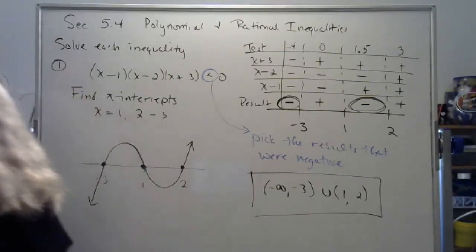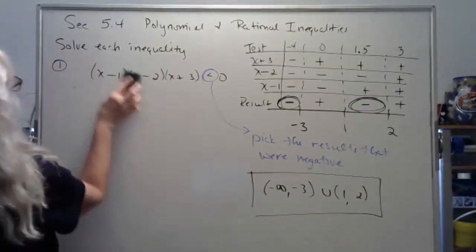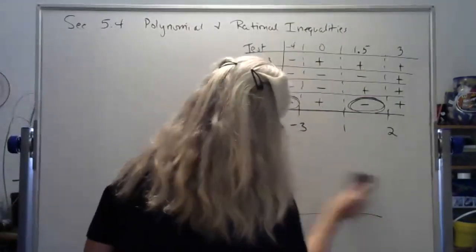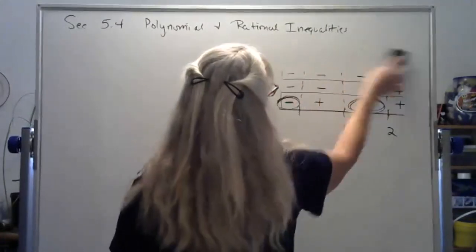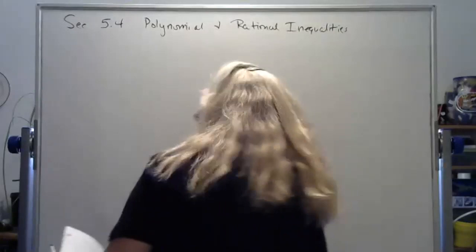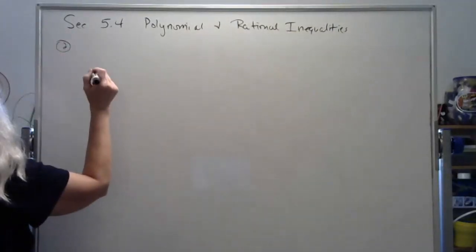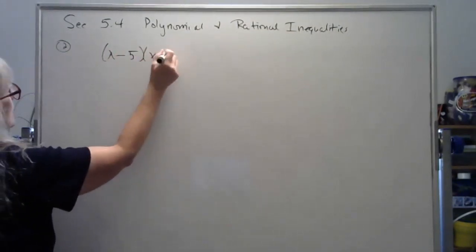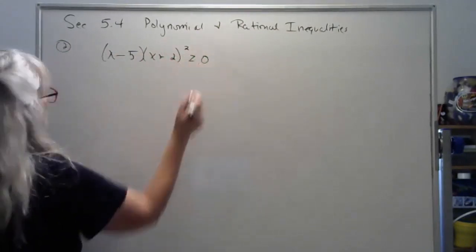Let's do another one then. So example 2, I want to solve the inequality x minus 5 times the quantity x plus 2 squared, and this time I want it to be greater than or equal to 0.